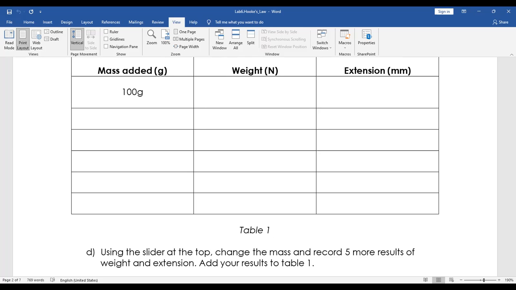If I use 130 gram in the simulator, 130 gram, then come back to the length.